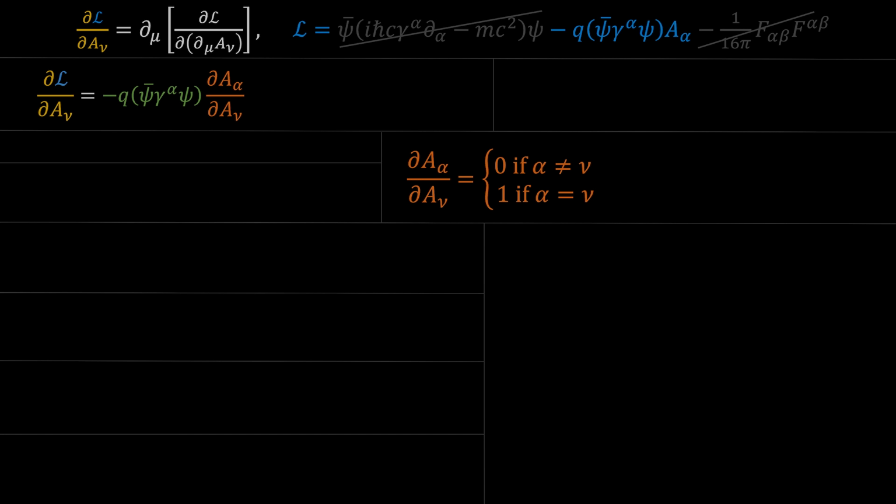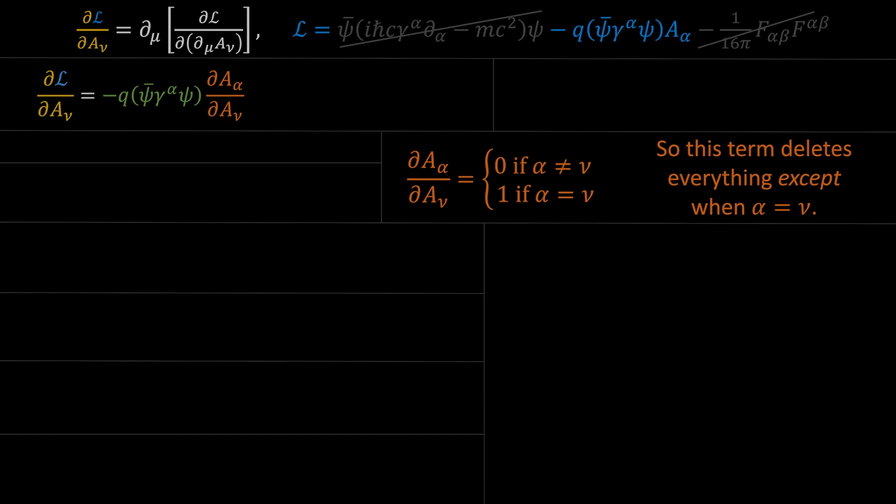But by the same reasoning, if alpha and nu are the same, so suppose we take the partial derivative of the x component of A with respect to the x component of A, then that derivative is 1 because the derivative with respect to itself of anything is 1. And so this is interesting because what this means is that this partial derivative is going to delete everything except for when alpha equals nu.